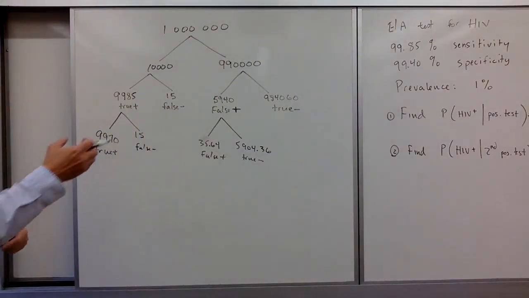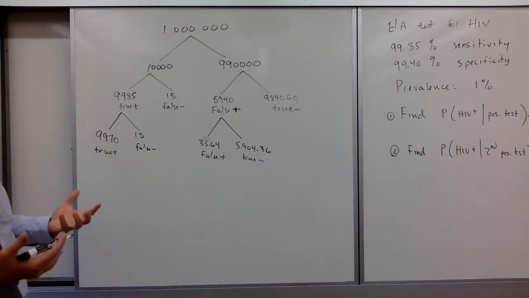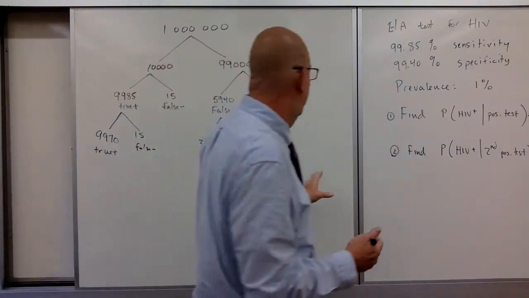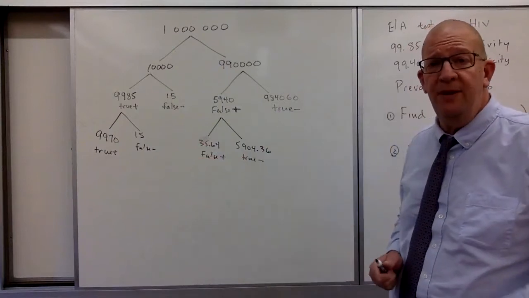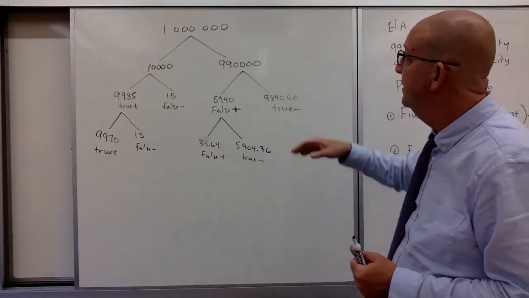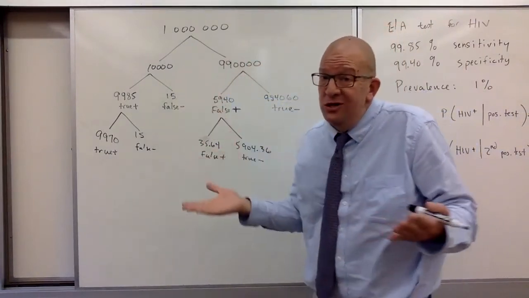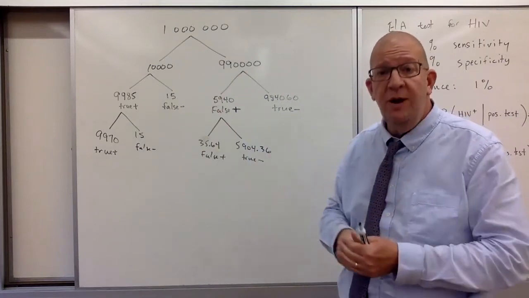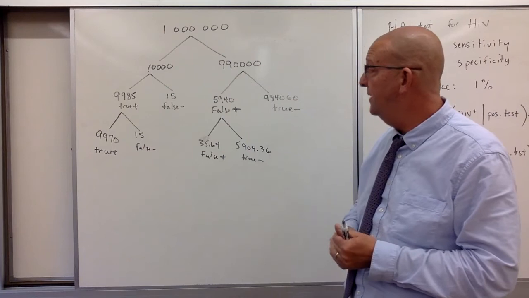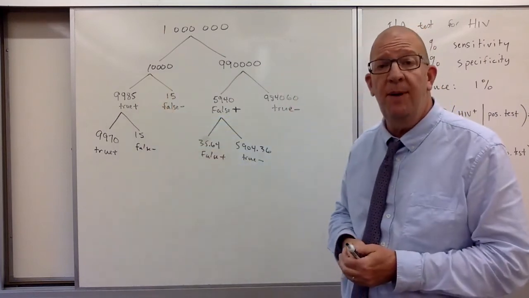Okay, let's recalculate that. Let's see if we can answer that second question. What's your new percentage positive? Well, let's take a look at those numbers for a minute. Let's make sure we understand what's happened here, just like flipping the coin, right? We start with 1 million people. 10,000 of them, we just don't know which, are HIV positive. We do the first round of the immunoassay test, and of that 10,000, 9,985 come up positive.